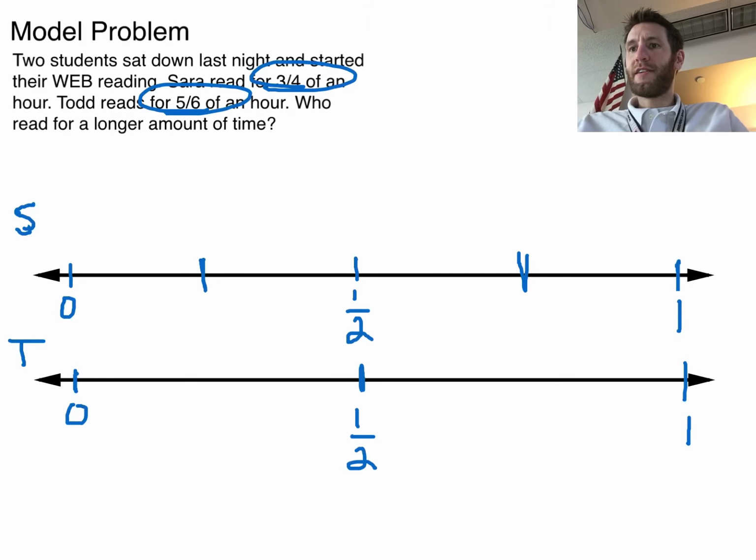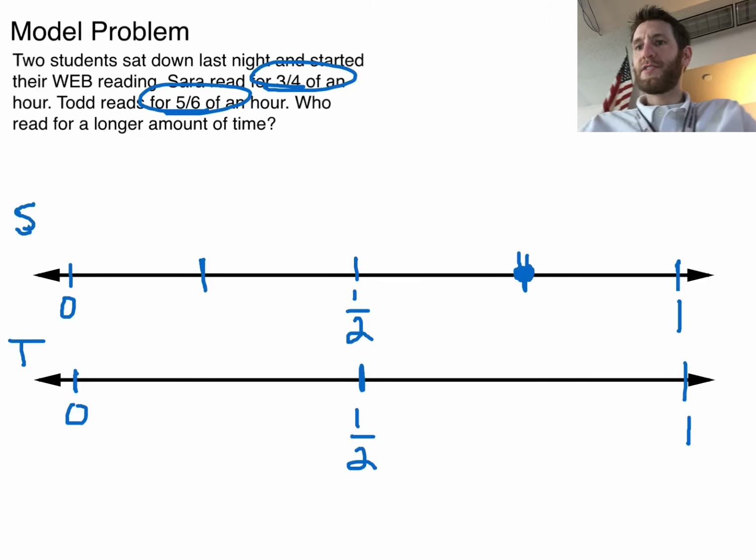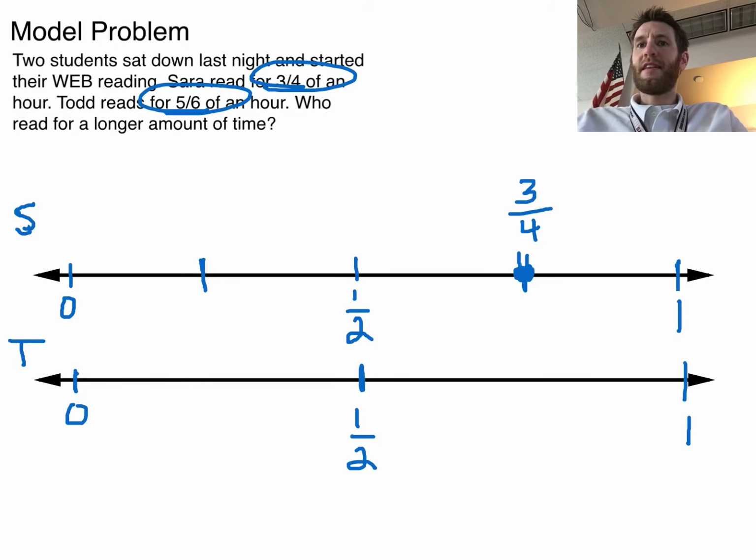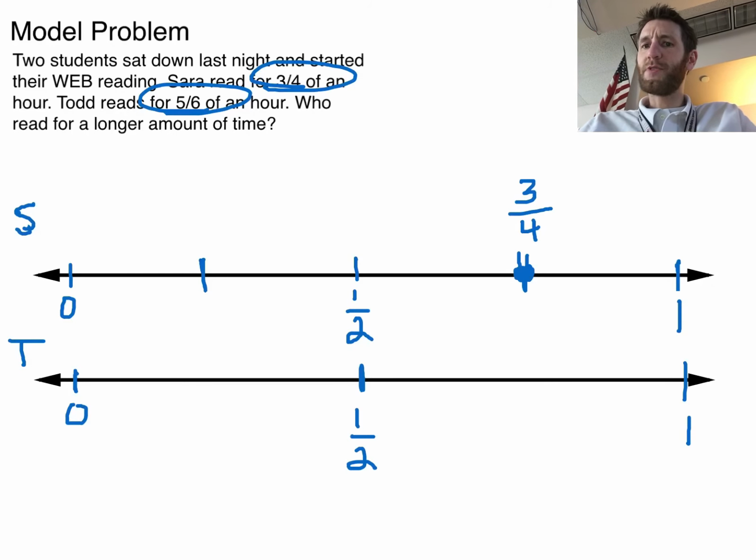And I know that 3/4 is right here. Okay? And now I'll look at Todd's, and it's 5/6. So I'll divide Todd's number line into 6 equal parts. So almost like each side of the half will be divided into thirds.